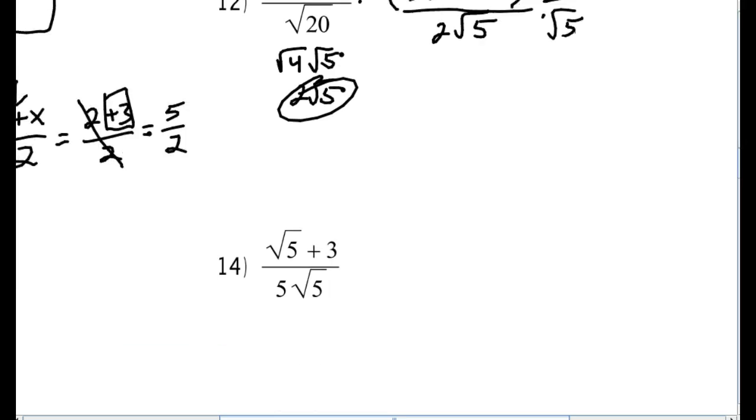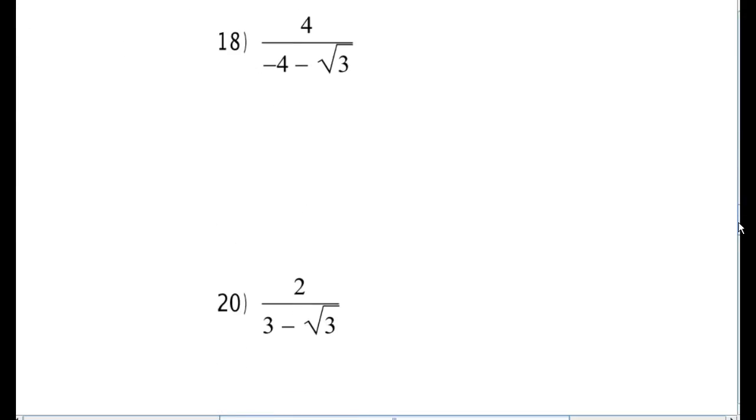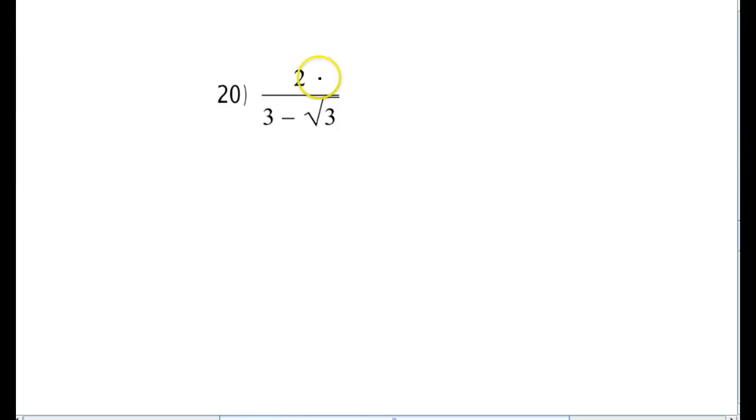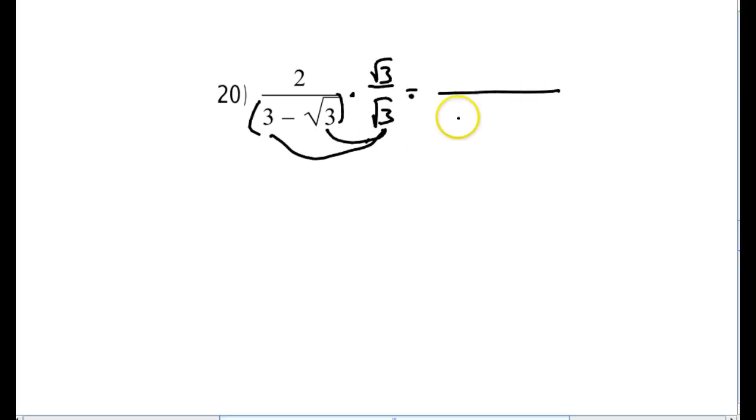The very last thing we looked at yesterday was down on number 20. And I wrote this out and I said, well, we got to get rid of a radical on the bottom. And I did this. Okay? So if I multiply this by root 3, it should cancel out the radical, right? But here's the problem. We had to distribute it. So doing this doesn't really work.